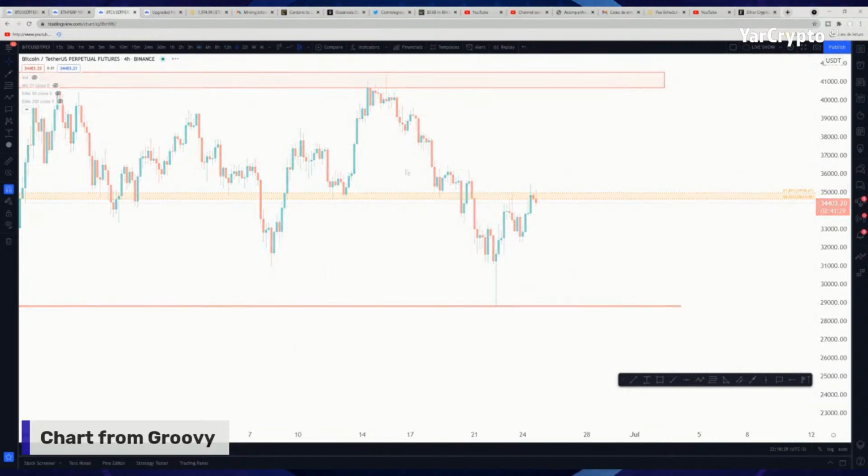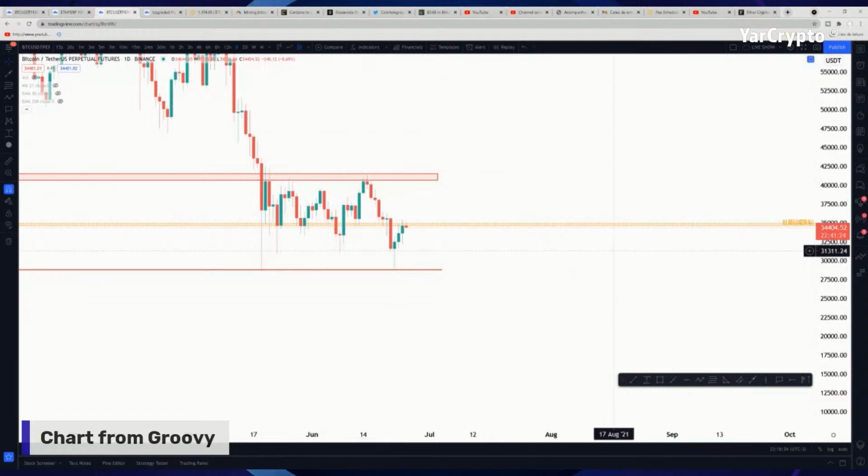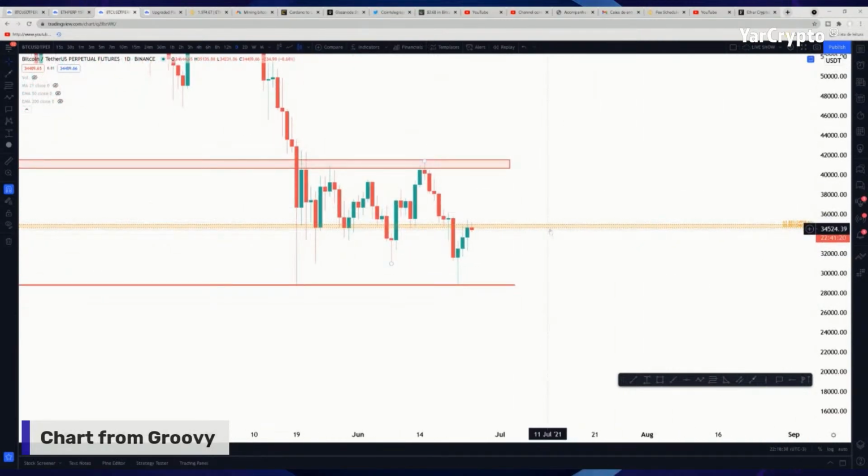And if you guys remember, I said in the beginning of the video, this line that I have here is actually the 618 level from a Fibonacci retracement from the swing low, which is this one, to this swing high on the daily time frame, also over here.